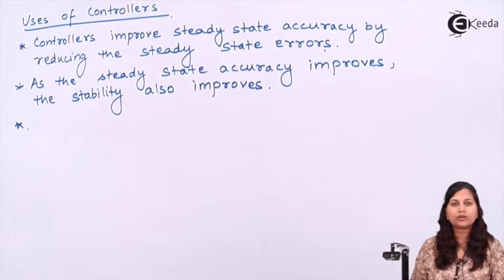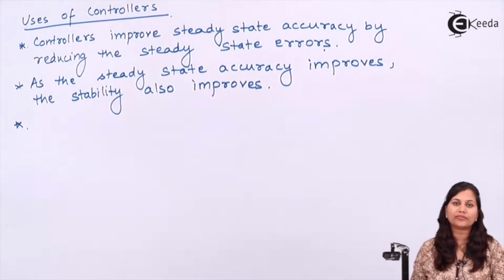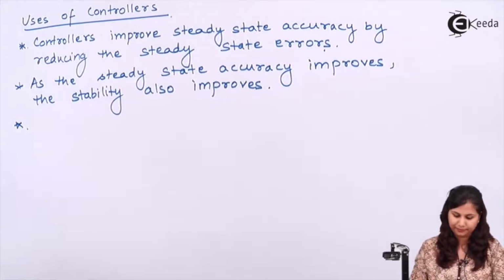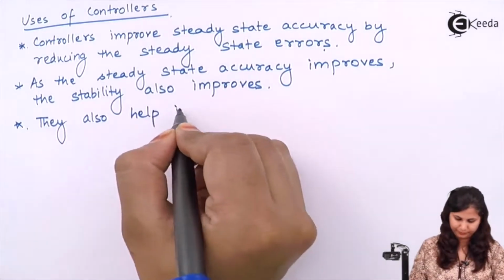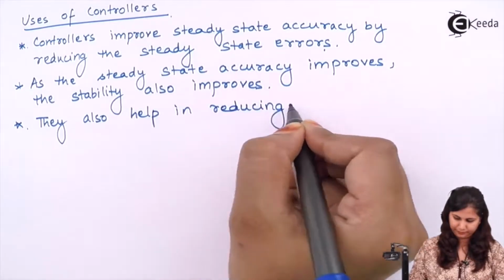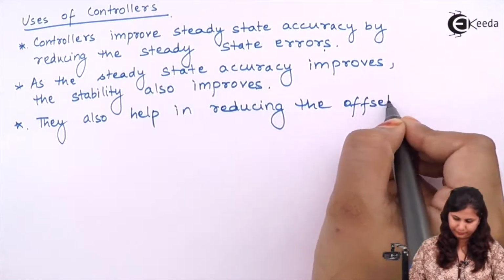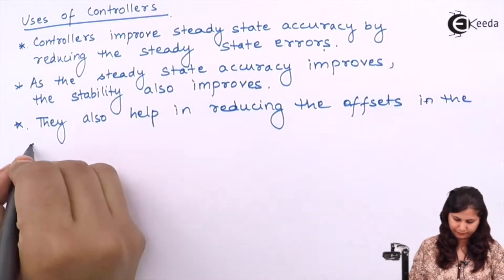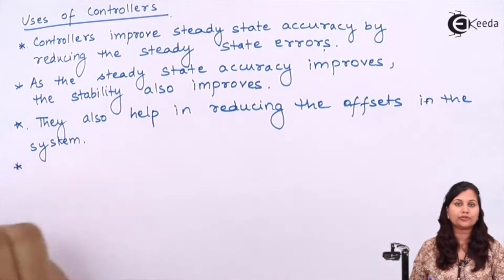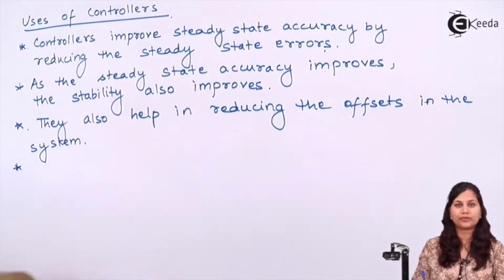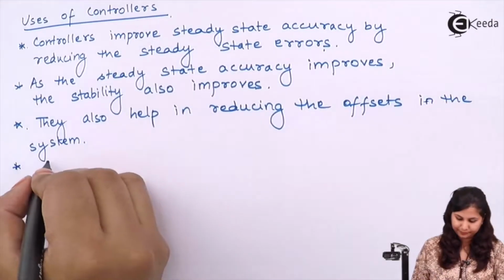Controllers also help in reducing the offsets in the system. Maximum overshoot can also be controlled by using the controllers.